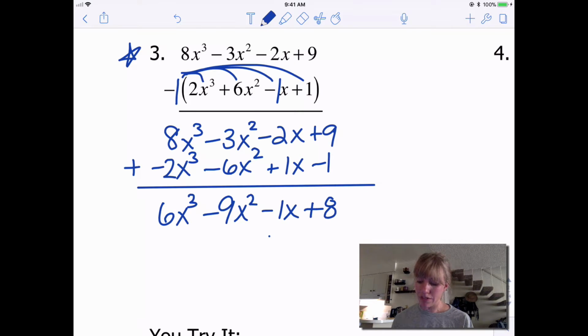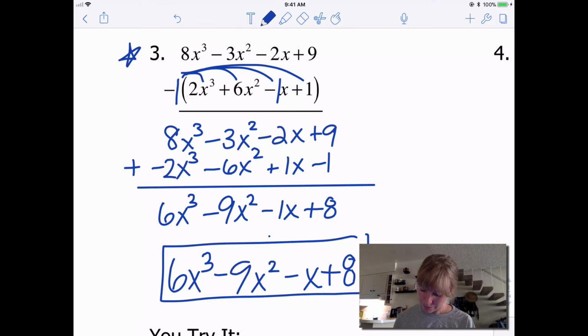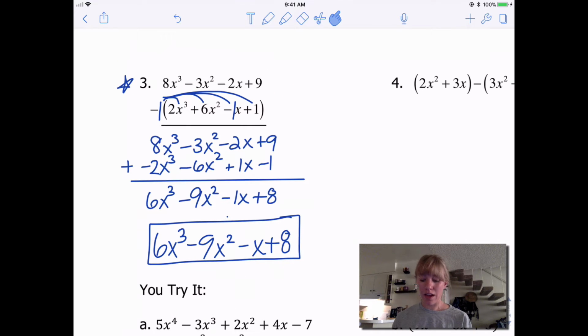And then I get positive 8, 9 plus a negative 1. Make sure that everything's in order. It is. I don't really need that negative 1 because negative 1 times x is just negative x plus 8. And that is my final answer.